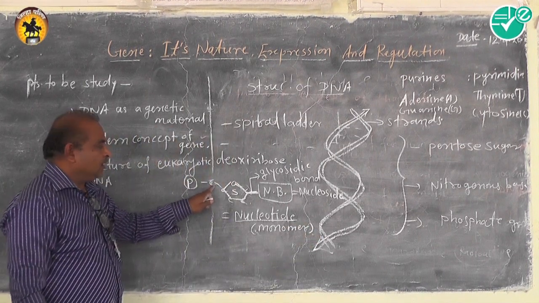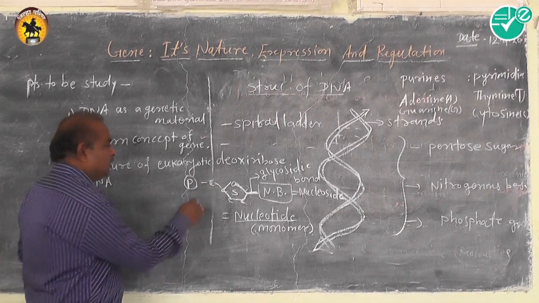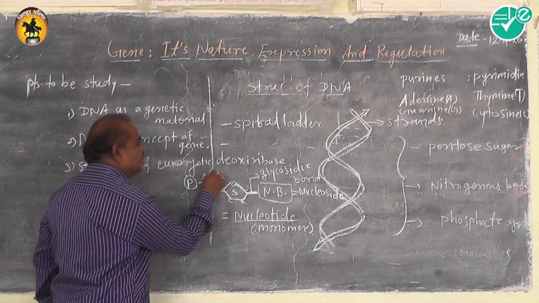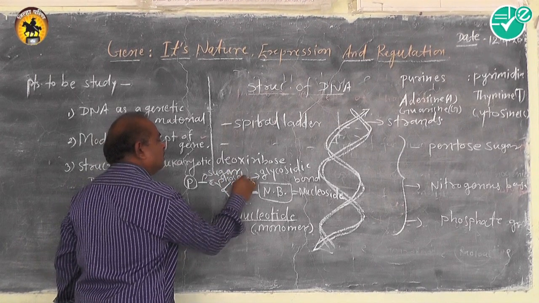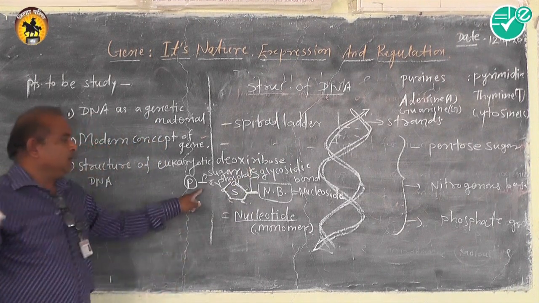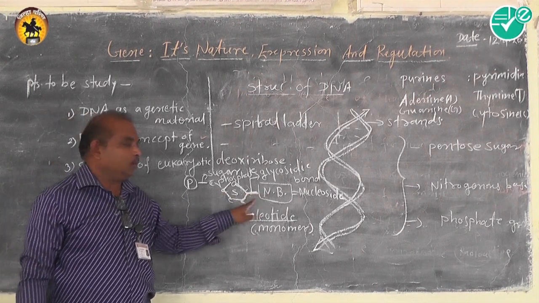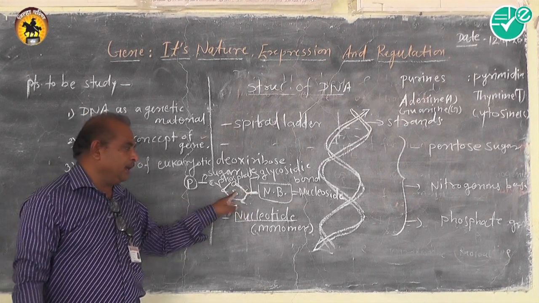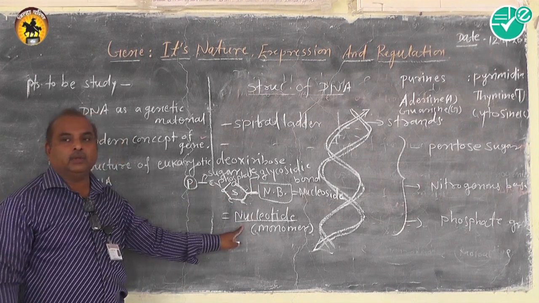The bond between the sugar molecule and the phosphate group, the linkage of the sugar to the phosphate, is called the sugar phosphate bond. This sugar phosphate bond links the phosphate group to the pentose sugar, and the glycosidic bond links the nitrogenous base to the first carbon of the same sugar. The whole structure, the pentose sugar, nitrogenous base and phosphate group together, is called a nucleotide.